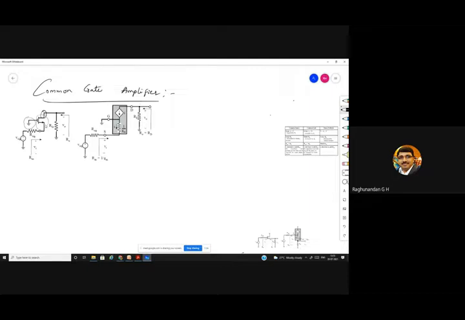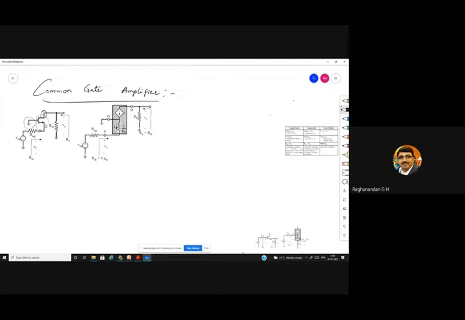Between the drain and the source, we have the gate terminal, which is grounded. The signal resistance is given to the source, and RD is given to the drain terminal. This indicates the equivalent circuit for the MOSFET.